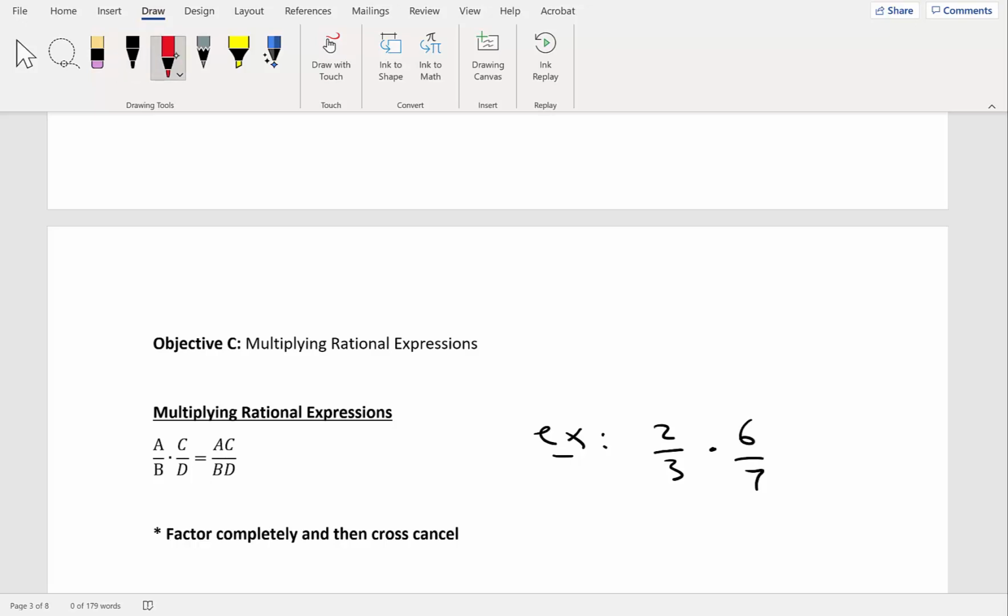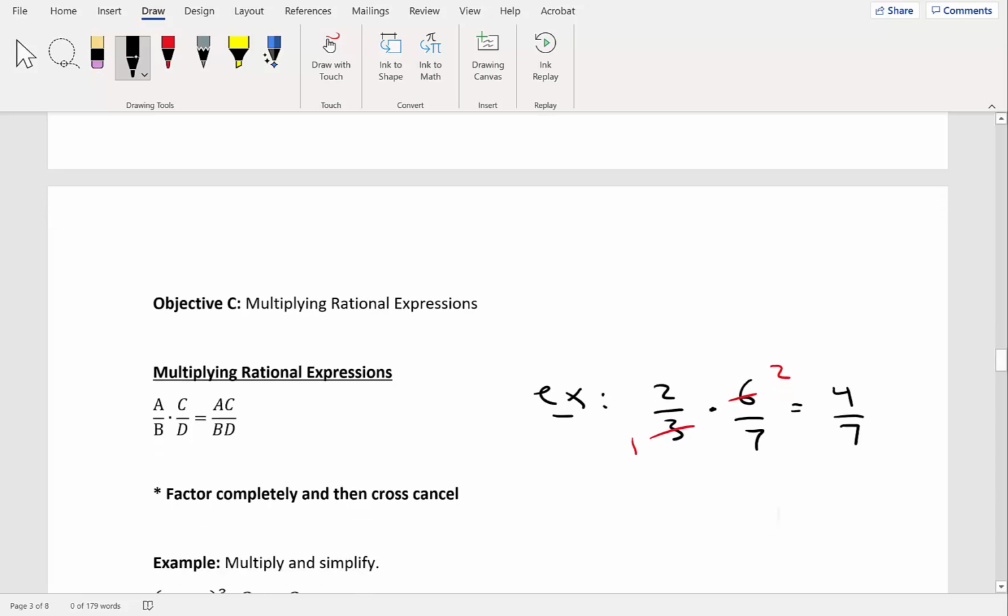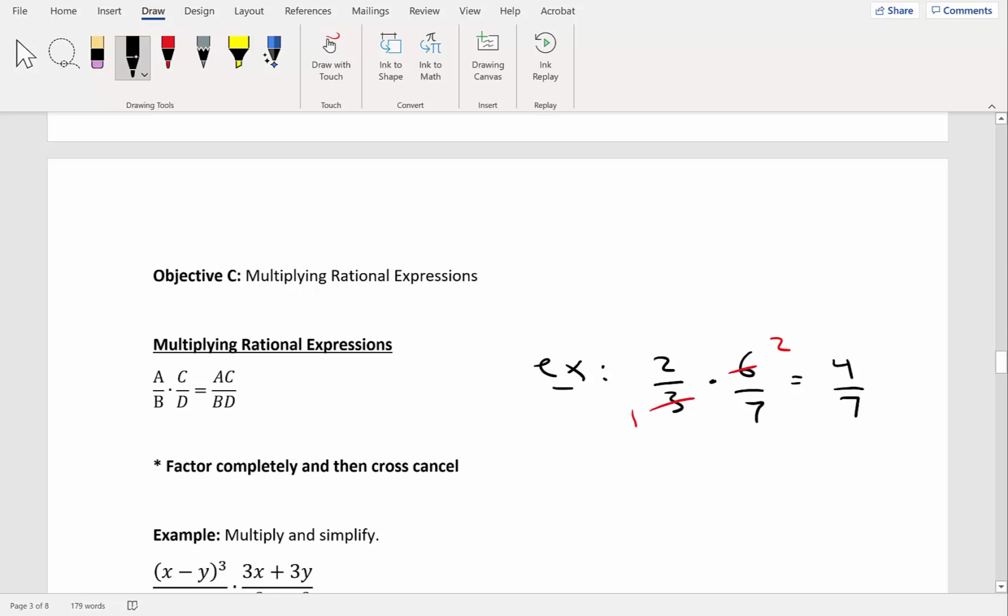As long as the two numbers diagonal have something in common, you could cross cancel there. So for example, 3 goes into 3 once, it goes into 6 twice. I could cross cancel with those, and then I can multiply straight across. So I have 2 times 2, which is 4, and then I have 1 times 7, which is 7. So when I multiply these two fractions, I just get 4 over 7. But now when we're dealing with these rational expressions, all you're doing is factoring completely, and then you're going to cross cancel.